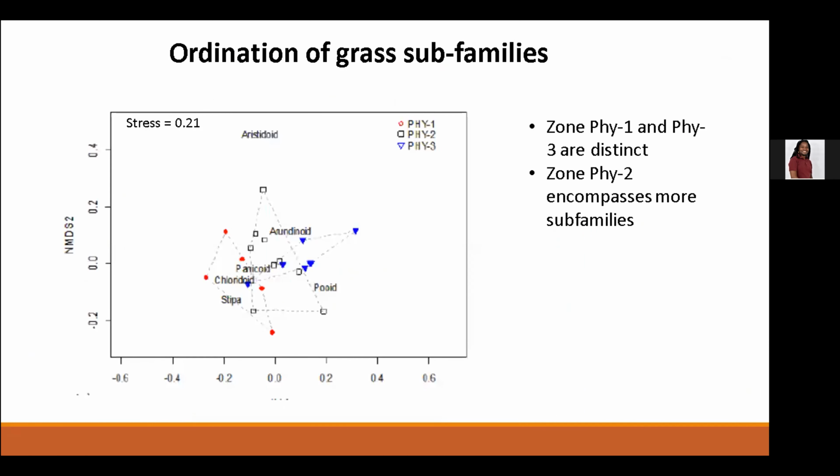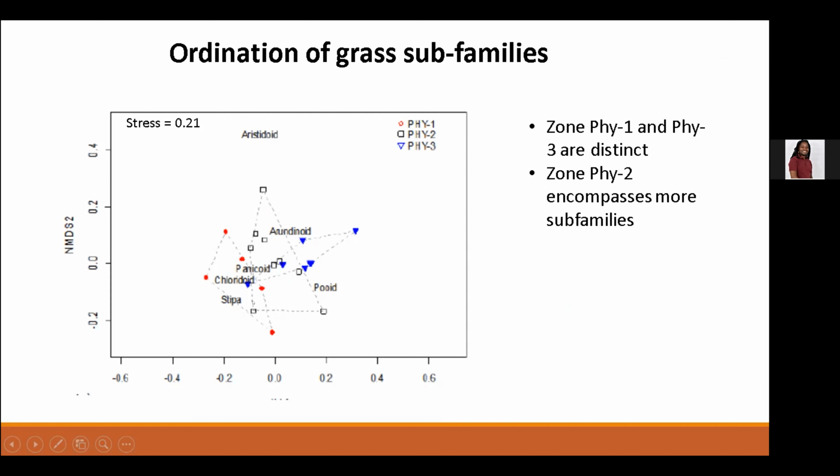Okay. So when we do the ordination of the grass phytolith subfamilies, we see that they are actually distinctive zones. Phi 1 and Phi 3 are quite distinctive zones, whereas zone Phi 2 potentially intersects with most of these 2 states.